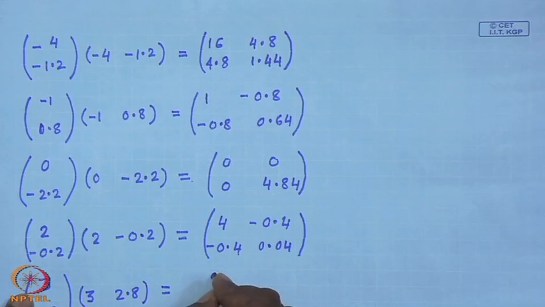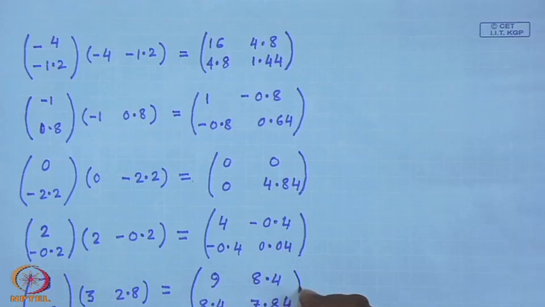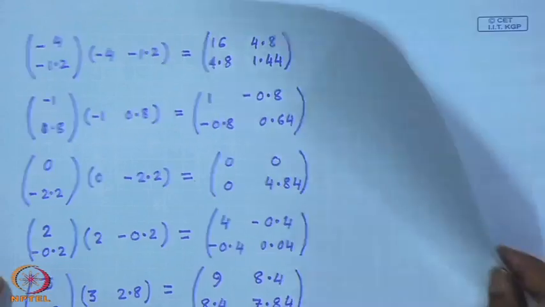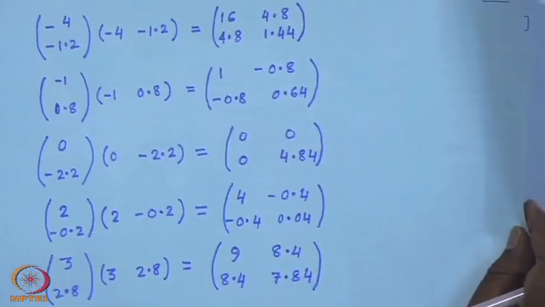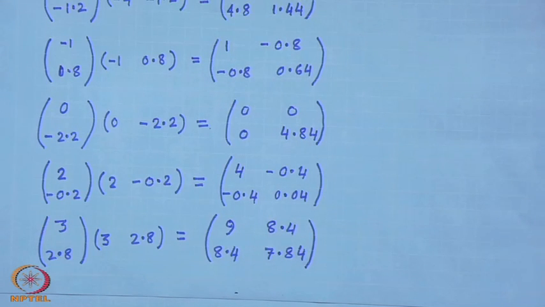What I get is 9, 8.4, 8.4, and then 2.8 into 2.8, which is 7.84. Okay. So, these are the 5 matrices that I get from the 5 samples belonging to class omega 2.